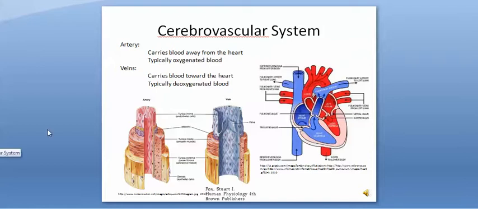So let's go ahead and look at veins. Veins have one-way valves. If we look at this vein, when your muscles contract or you constrict the smooth muscle around the vein, you push blood up, and then these one-way valves don't allow the blood to swish back.